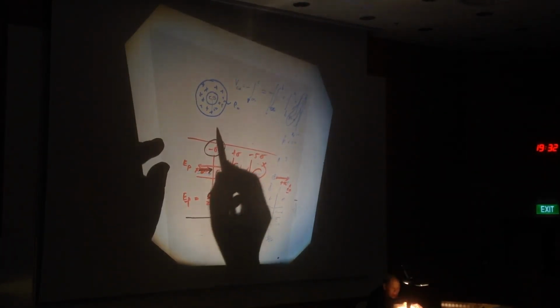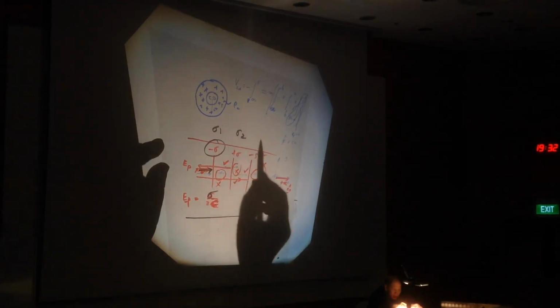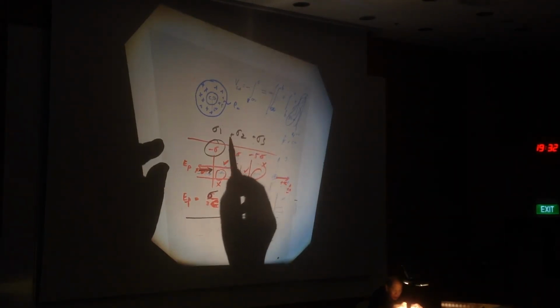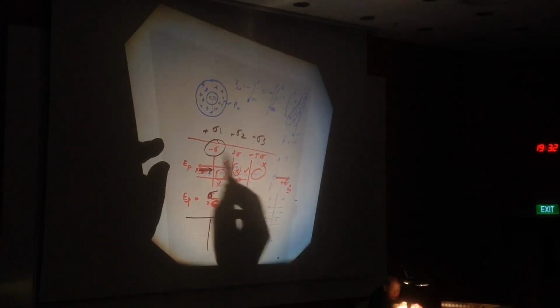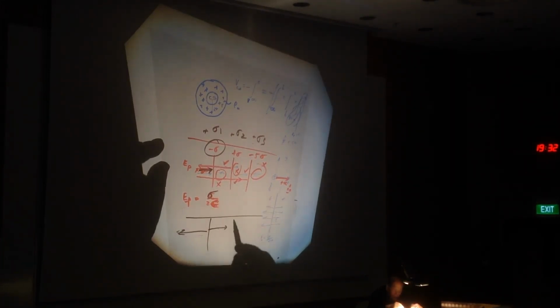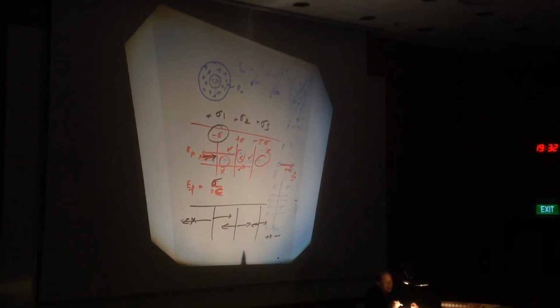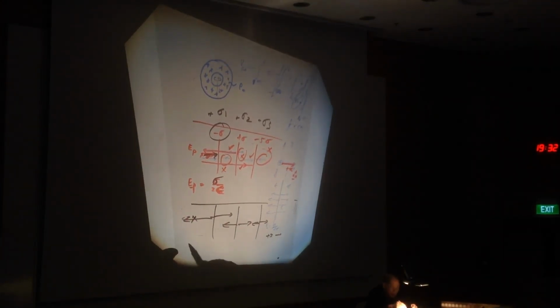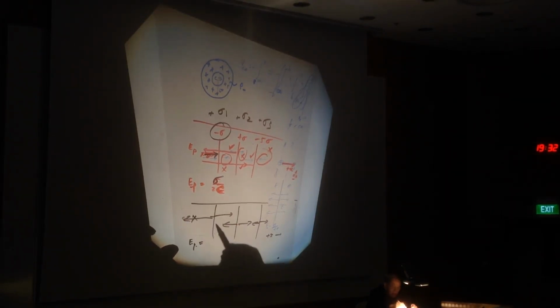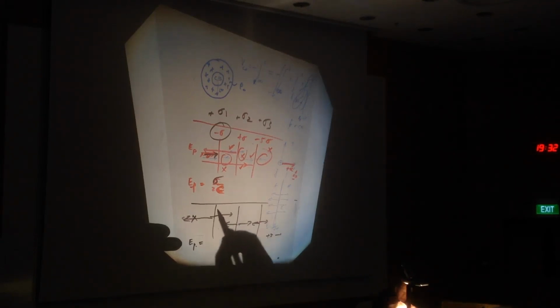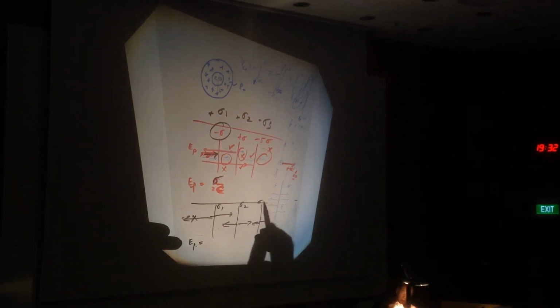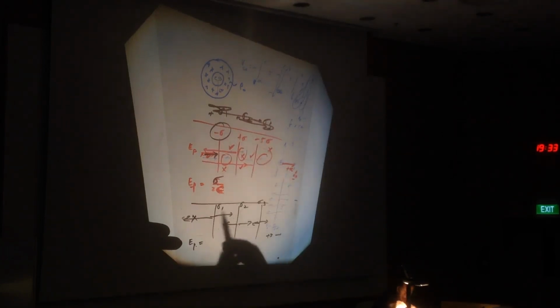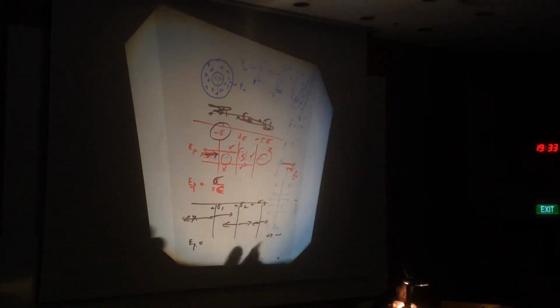Call this sigma 1 positive, sigma 2 positive, sigma 3 positive. Therefore all the field is positive, coming out from each plate. Don't have to bother. So this one is plus X this way. At this point here, the field is given to the left, so E_P using this method, for sigma 1, sigma 2, sigma 3 all positive, that is why I draw it this way.